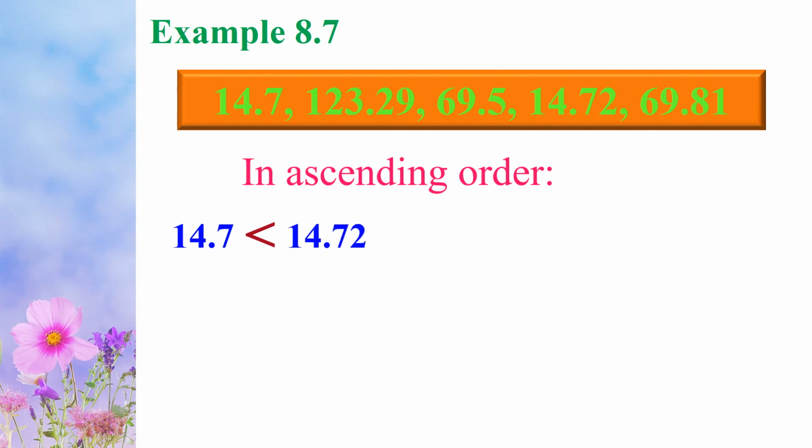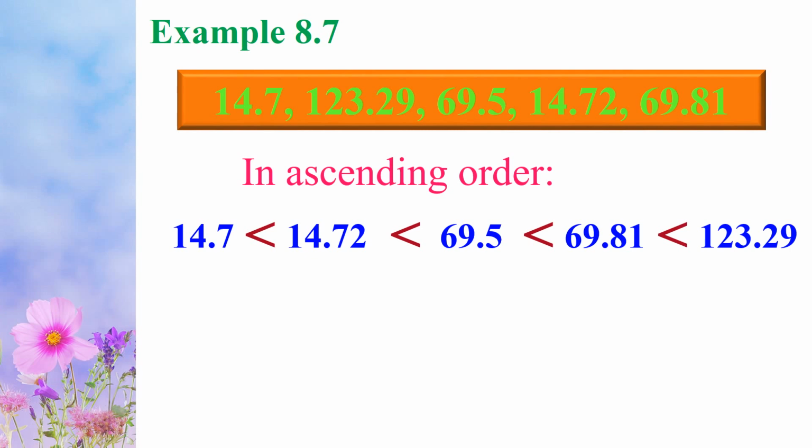Next, by comparing the whole number part, we get 69.5 and 69.81 are the next smallest decimals. Here also the whole number part is the same, so by comparing the decimal part we get 69.5 is less than 69.81. Next, 123.29 is the largest decimal, so it should be written at the end.